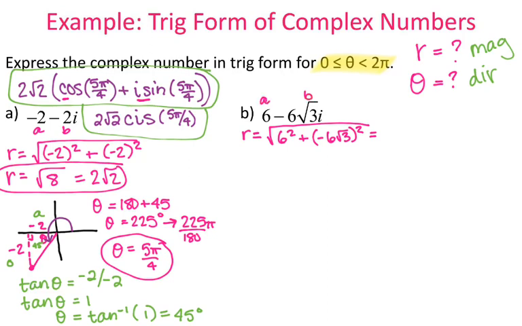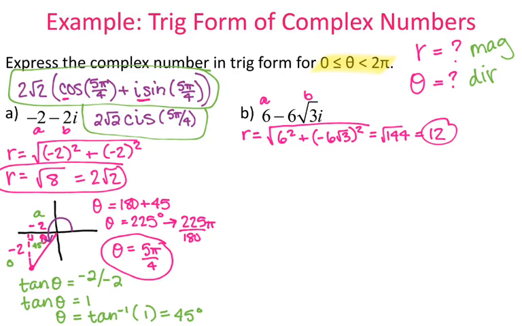That b term is the negative 6 root 3. It does not include the i when you are trying to find your r. And I am plugging this into my calculator. 6 squared plus negative 6 root 3 squared gives me the square root of 144, which is 12.